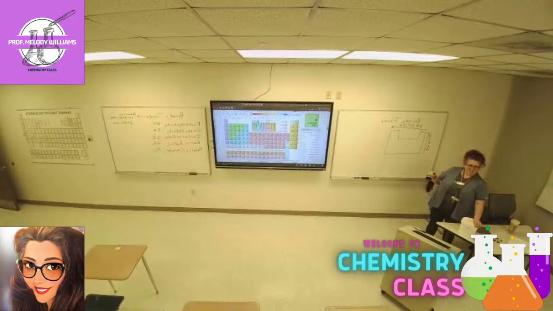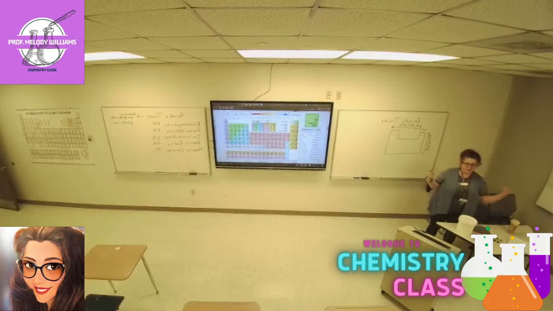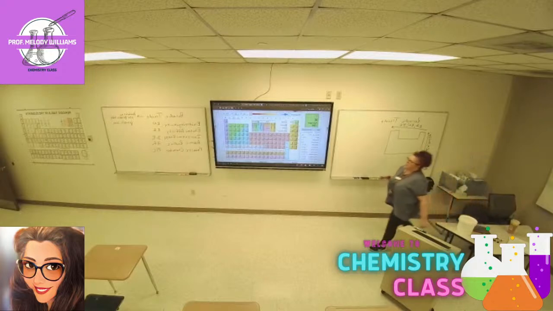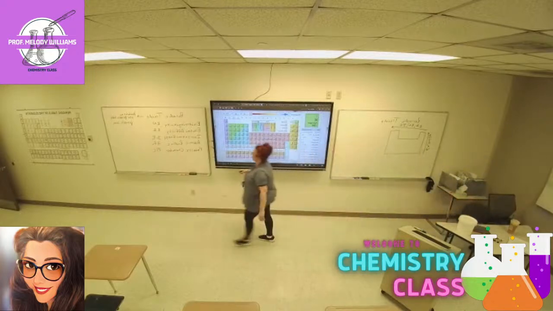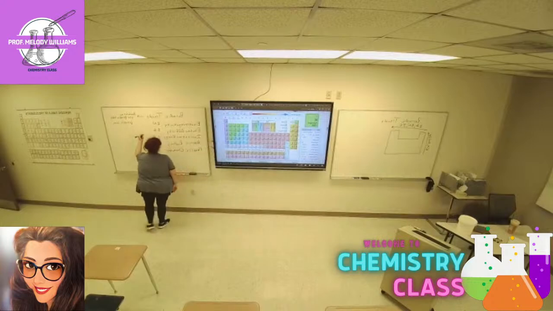You have an affinity for something. I have an affinity for coffee. I have an affinity for superheroes. I have an affinity for sci-fi. Something I like to do. Something that I like, right? So electron affinity means likes electrons.